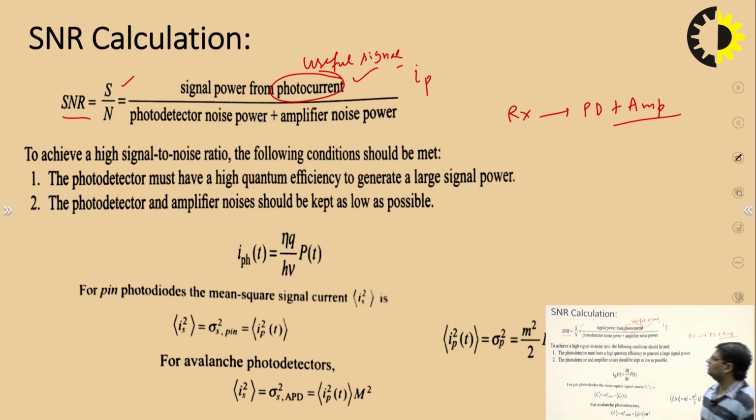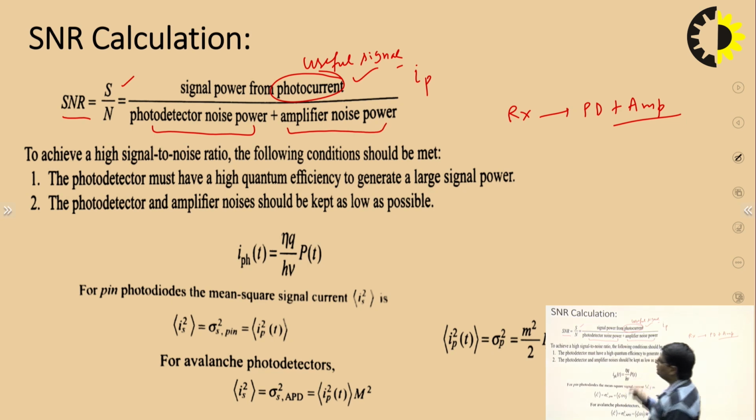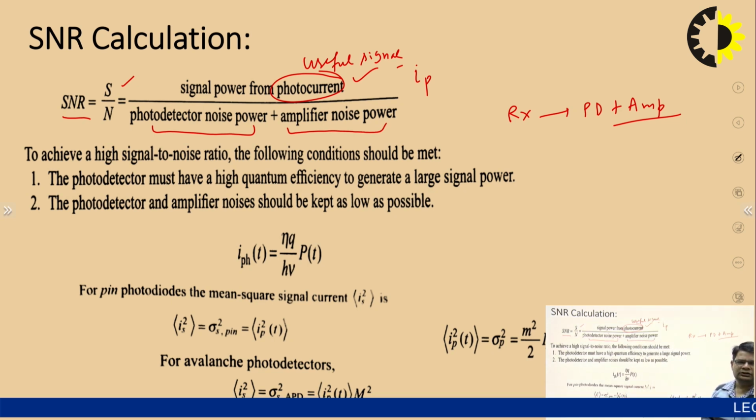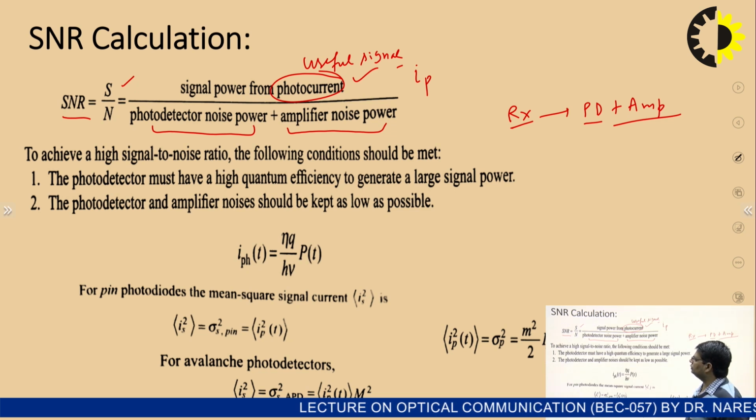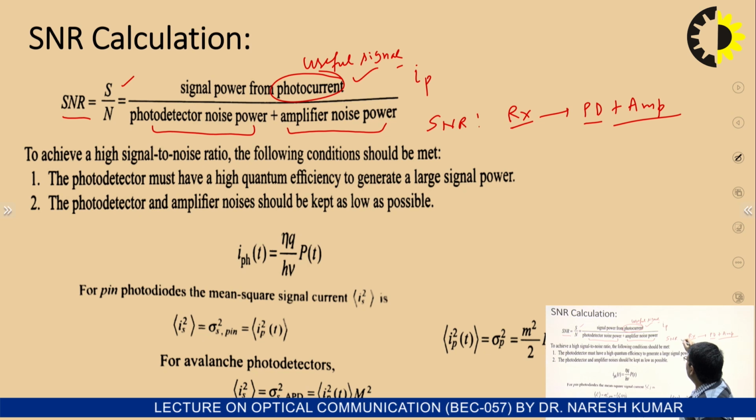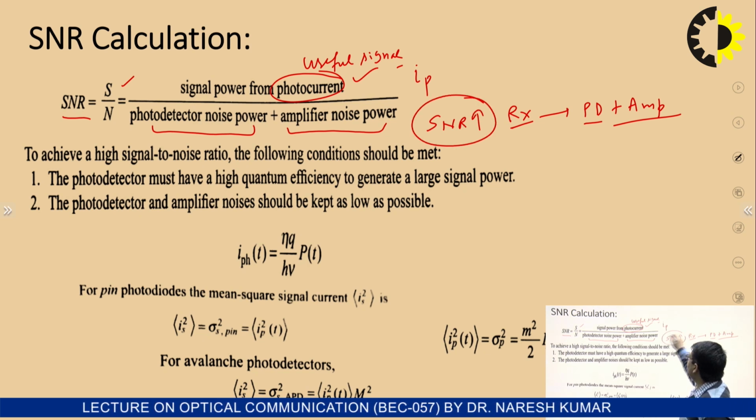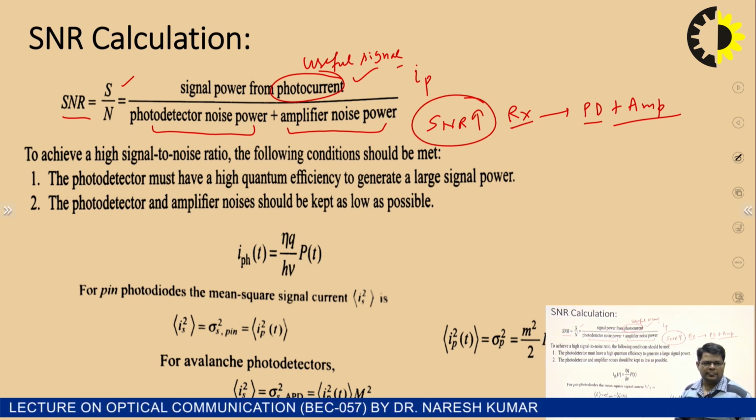So, the power will be corresponding to the noise available in the photodetector and the noise in the amplifier. That is, we have to consider the combined noise power for the sources of error available in the photodiode and the receiver. Ideally, the SNR should be infinite, or practically it should be as high as possible.